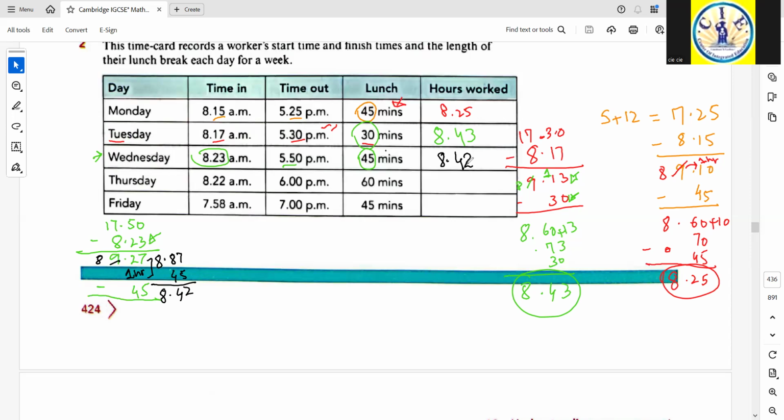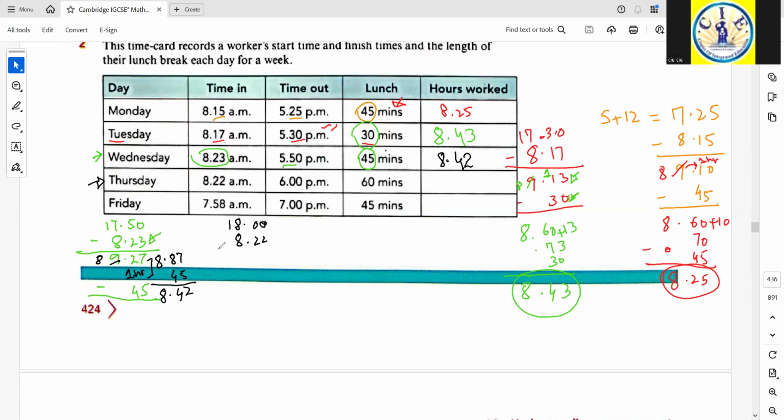Exactly, continuing on the same pattern, we can calculate it for the remaining 2 days. Let me do it for Thursday. Time out is 6 p.m. So 12 plus 6, that is 18. And the time in was 8:22.